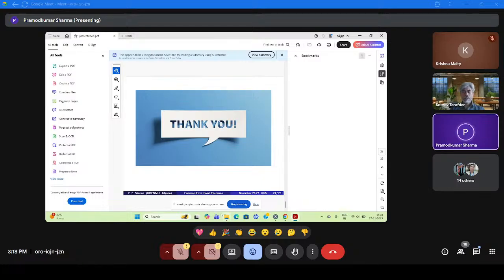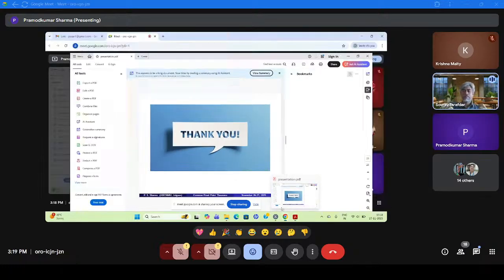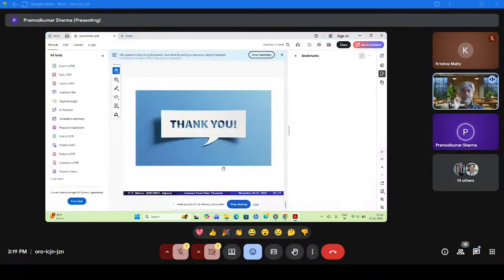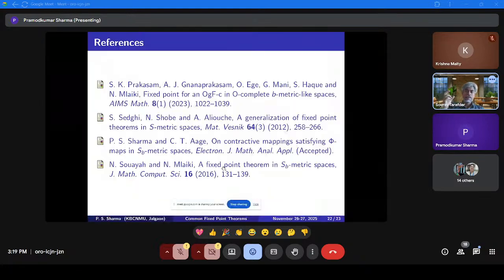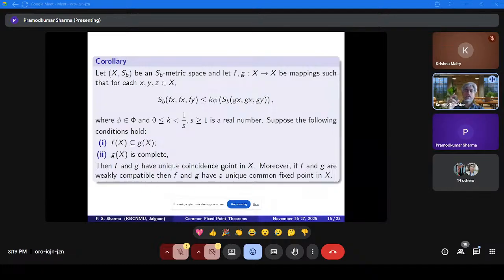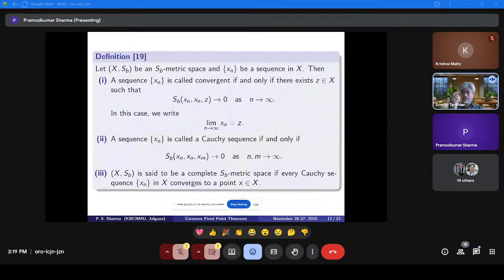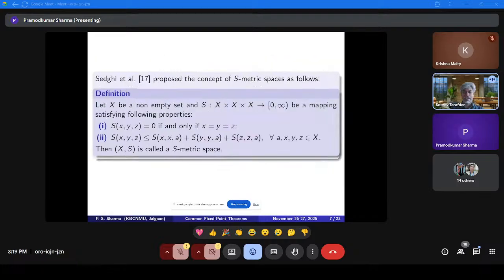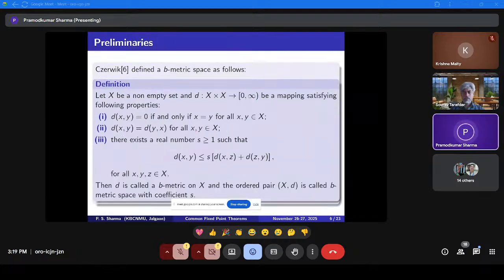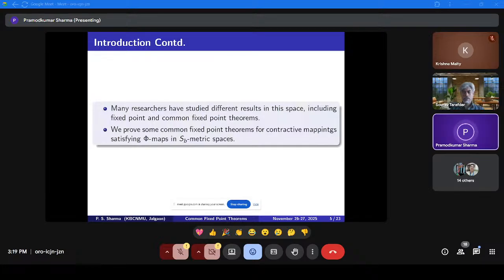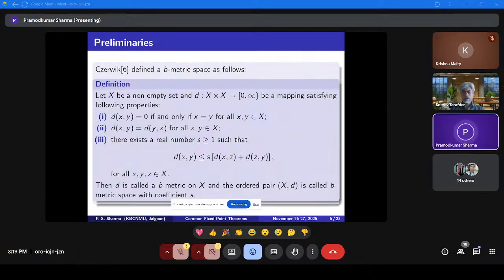So when we take the 3 points X, Y, Z, then S(X, Y, Z) is a real number which approximately shows the area bounded by the triangle made by these three points, right? Yes, sir. In G metric space I had studied initially, and I am new to S metric space, and we are working in S and Sb metric space right now. It makes sense.